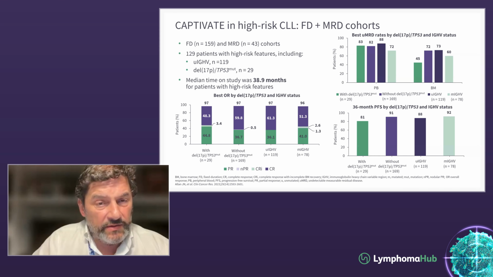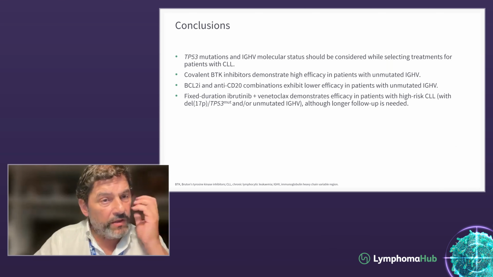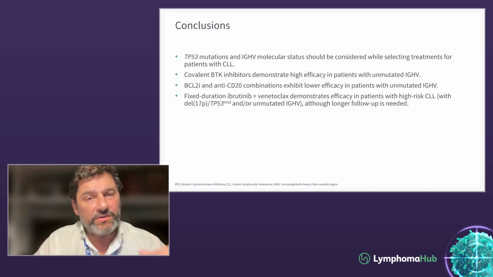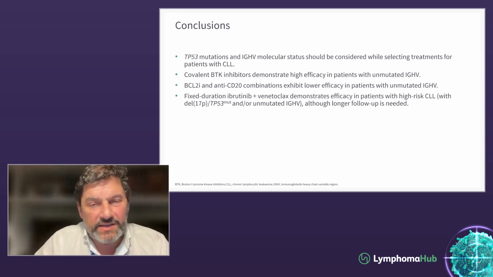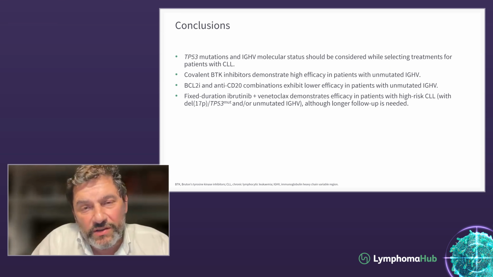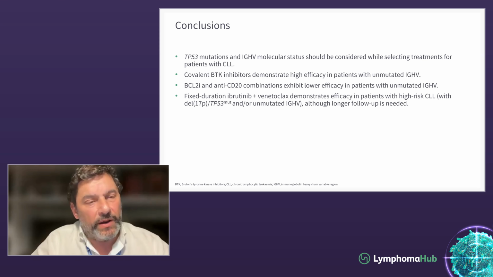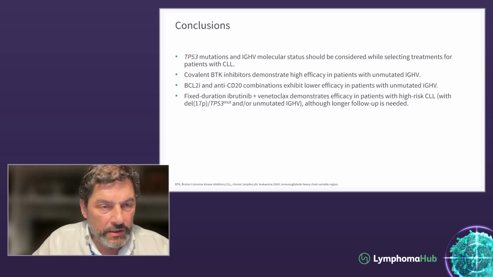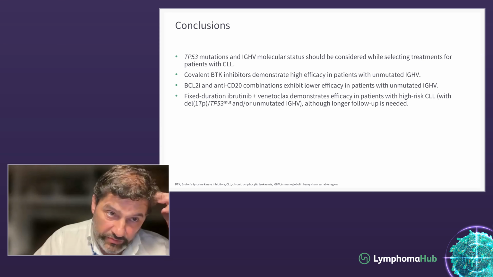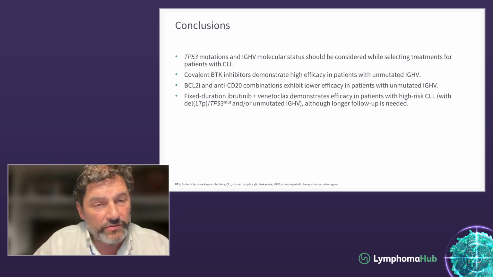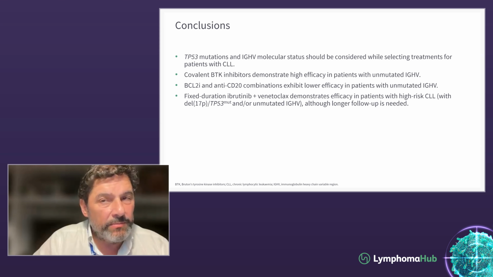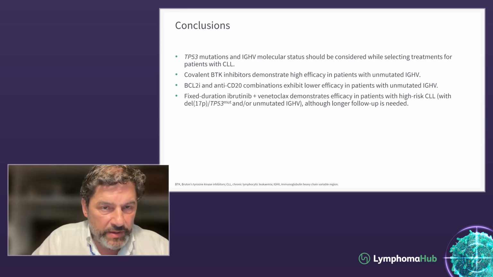So in the next slide, I think I'm concluding: p53 and IGHV molecular status should be assessed. I would say that it's mandatory to assess them prior to any therapy in CLL. Continuous therapy with covalent BTK inhibitors is a good approach, and also the combination of these BTK inhibitors plus venetoclax is an excellent approach for these patients.